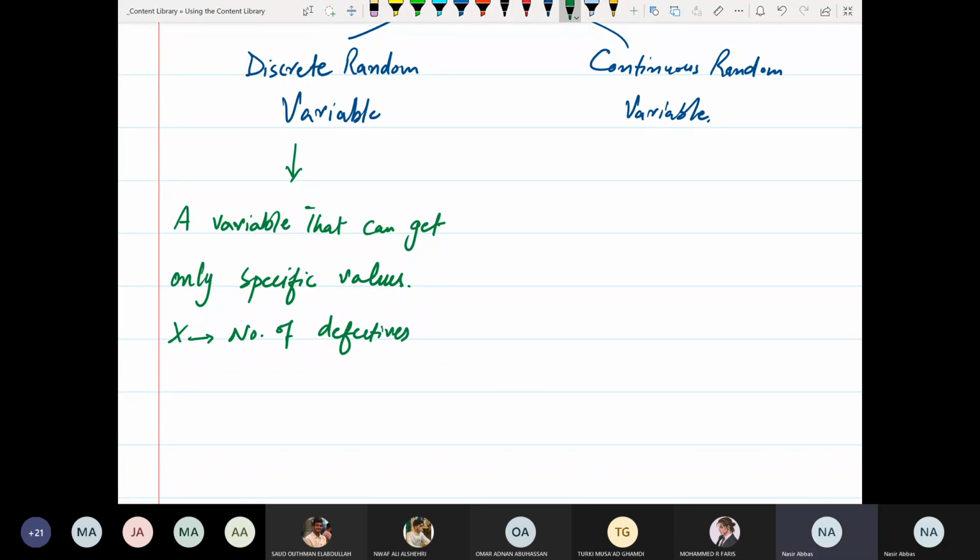What are the values this variable can take? This variable can take either 0 or 1 or 2, the 3 specific values. And a continuous random variable is a variable that can take any value in a given interval.